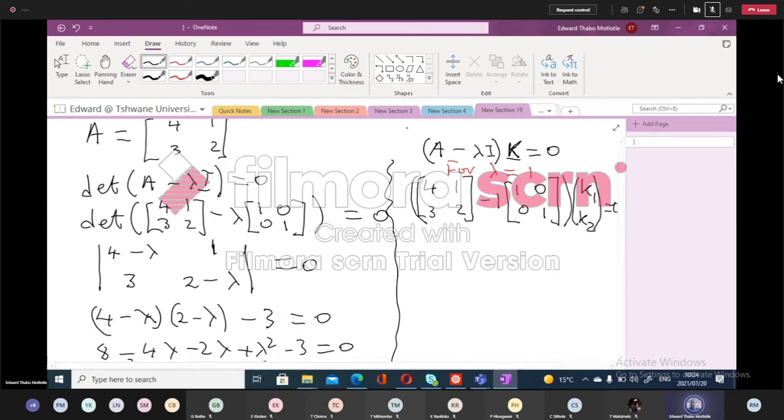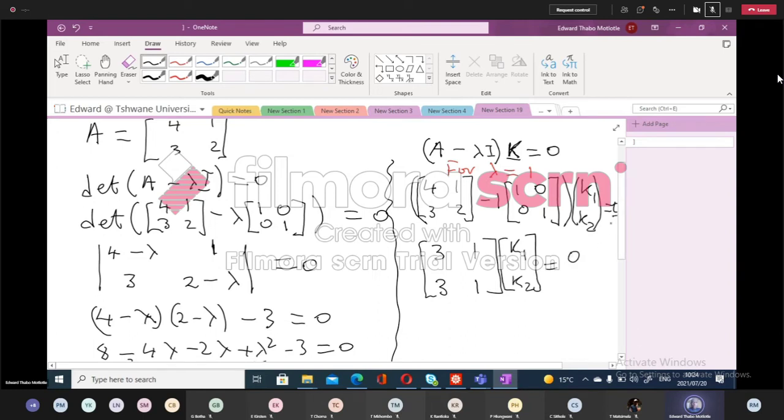Now, let's write this one nicely. So 4 minus 1, this will give me 3. And then 2 minus 1 is 1 here. 3 minus 0 remains 3. 2 minus 1 remains 1. So this is the matrix I have after solving them. So here I have K1, K2, equal to 0.